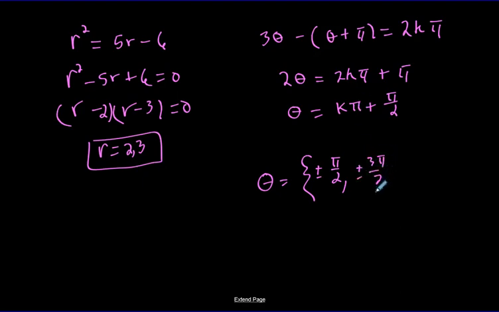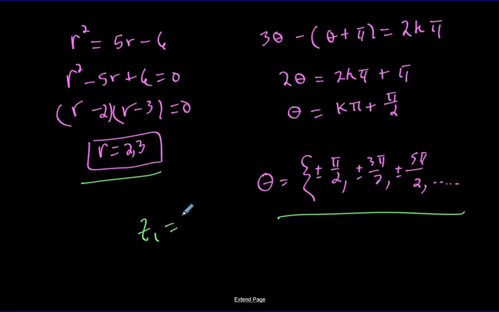And if I do k equals 2, that would be 5 pi over 2. And this continues infinitely. We could keep wrapping it around. And these are the conditions for which the complex number z sub 1 is equal to z sub 2. And there you go, guys. Thanks.